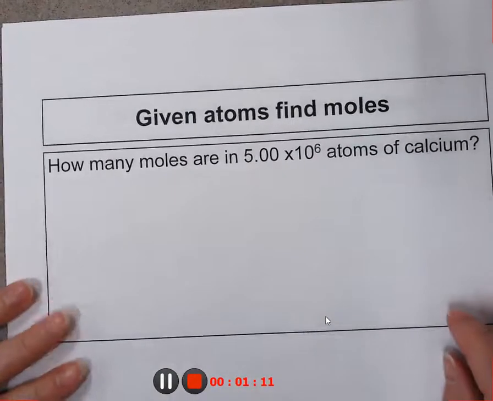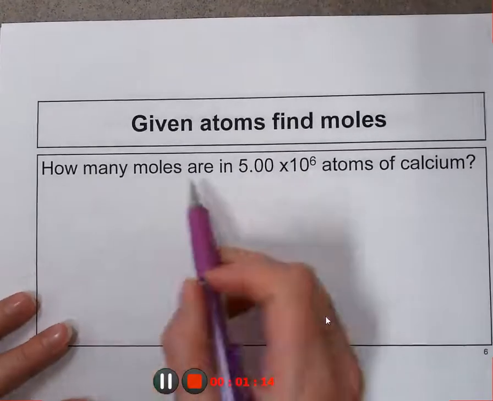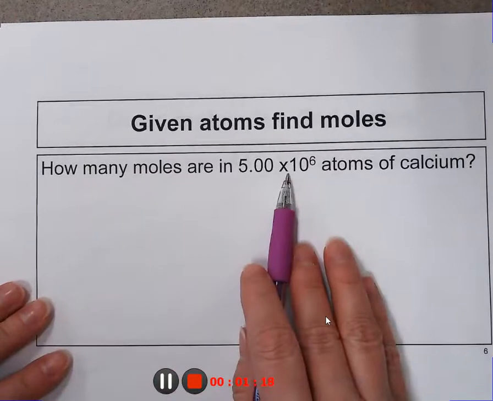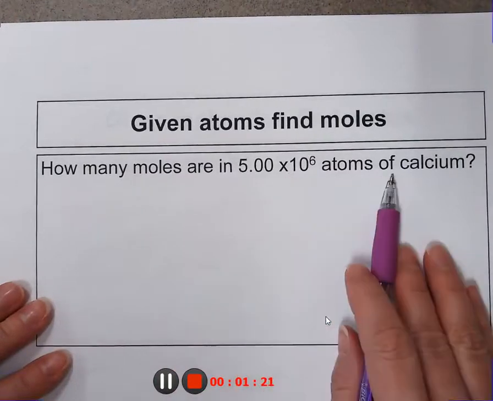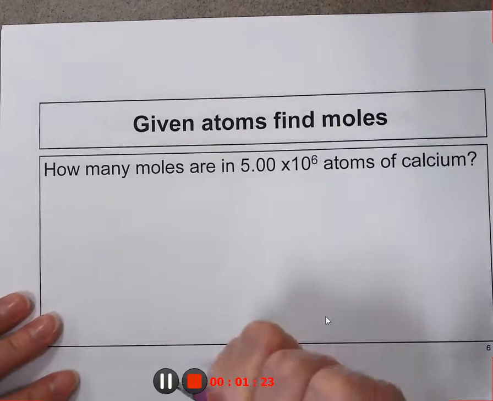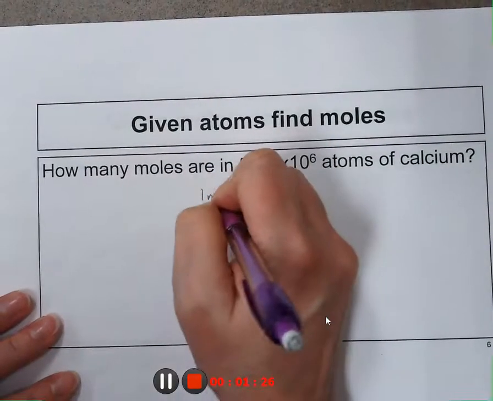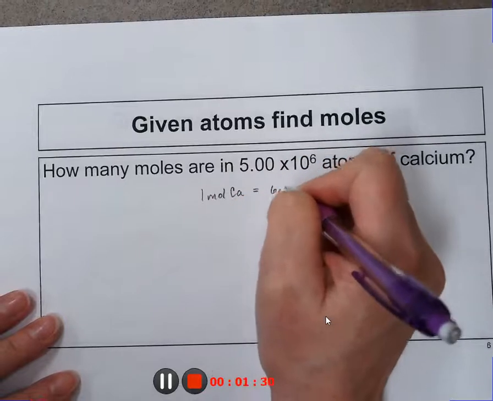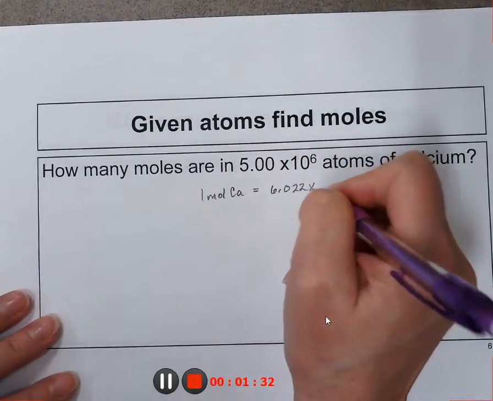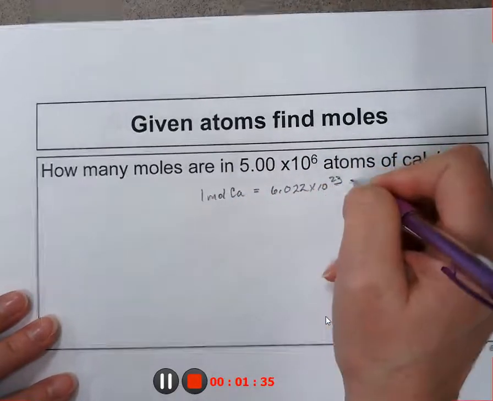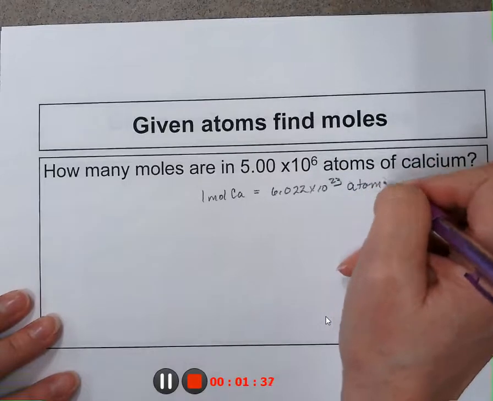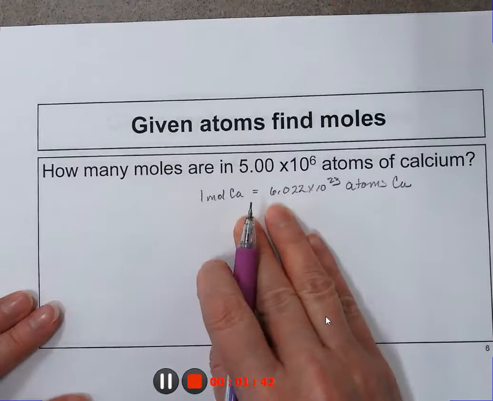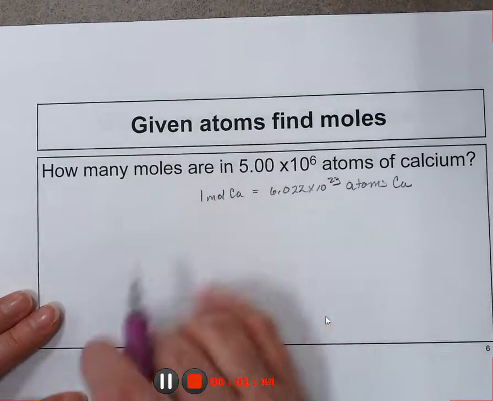Okay? All right. So we have a question here of how many moles are in 5.00 times 10 to the 6 atoms of calcium. Well, I know that for every 1 mole of calcium, there are Avogadro's number of atoms of calcium. So we can write that as a conversion factor that allows us to convert between moles and atoms.